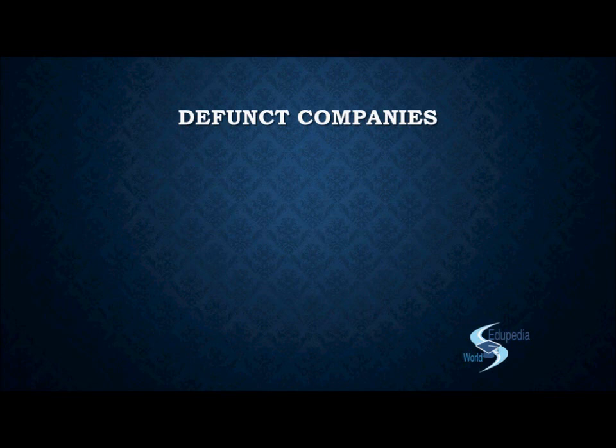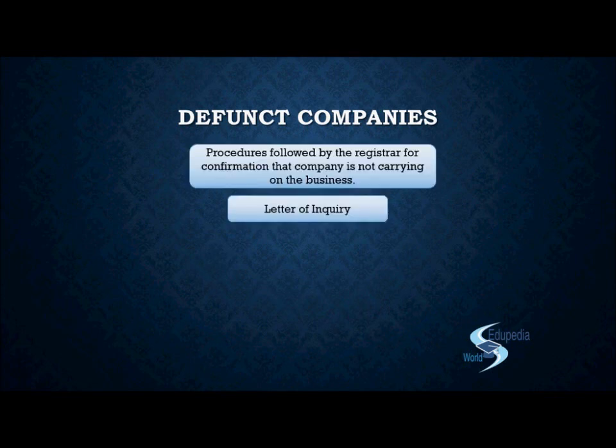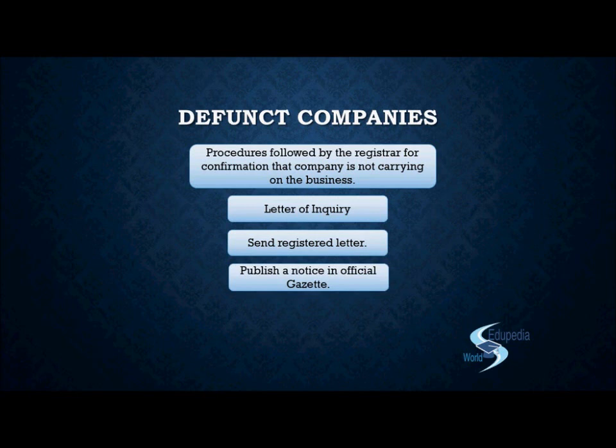The registrar needs to send a letter of inquiry, which is just a formal communication. If no communication is received within 1 month, then the registrar sends a registered letter within the next 14 days. Again, if no communication is received within 1 month, or if there is a negative confirmation, then the registrar publishes a notice in the official gazette.